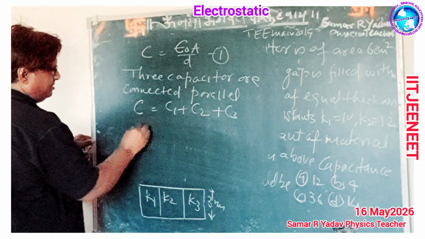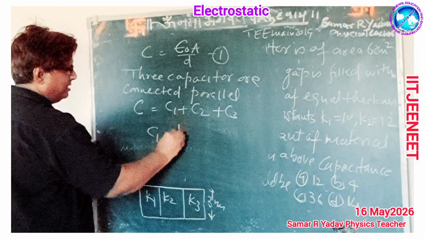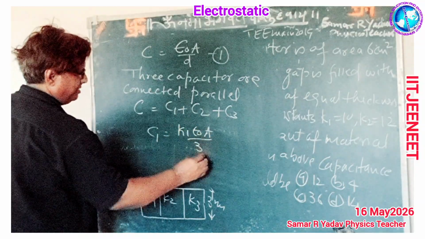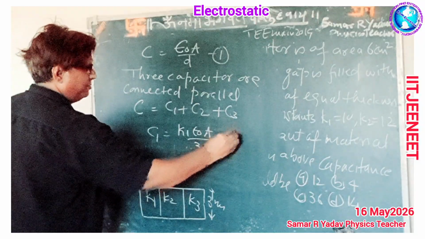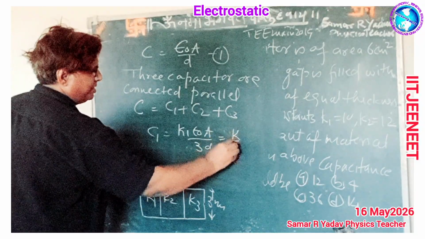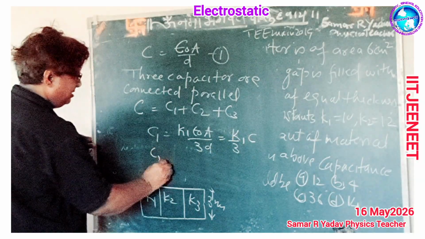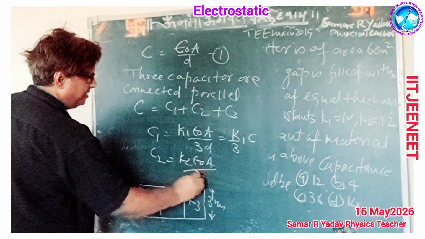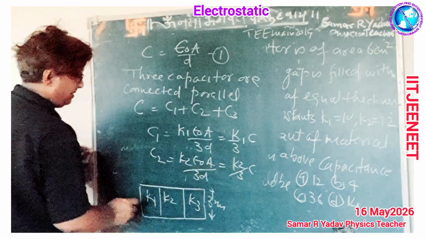Now here C1 is equal to K1 epsilon 0 A upon D by 3, which is K1 by 3 into C. Similarly, C2 is equal to K2 epsilon 0 A upon D by 3, which is K2 by 3 into C.